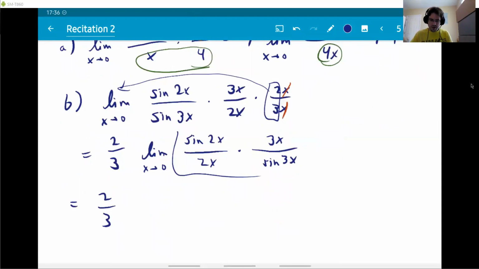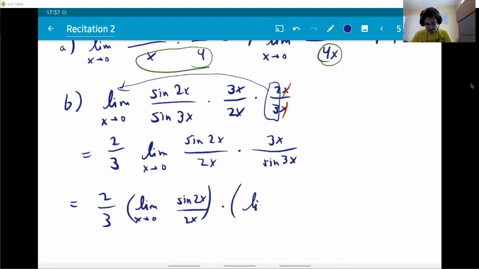Remember, this is the law of multiplication. Limit of the product is the product of the limits, provided both exist. So we can do that. Limit of sine of 2x over 2x times limit of 3x divided by sine of 3x.